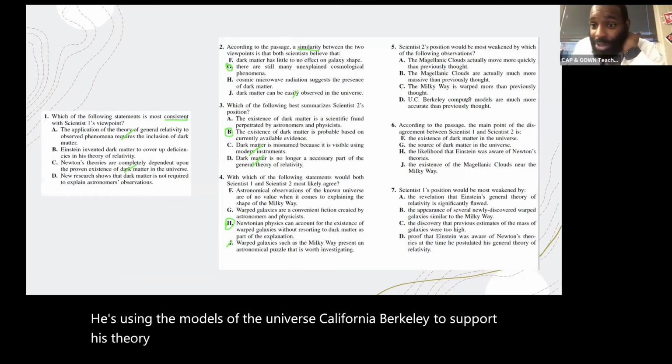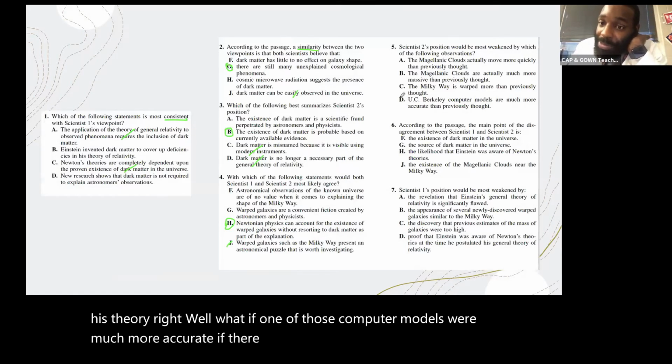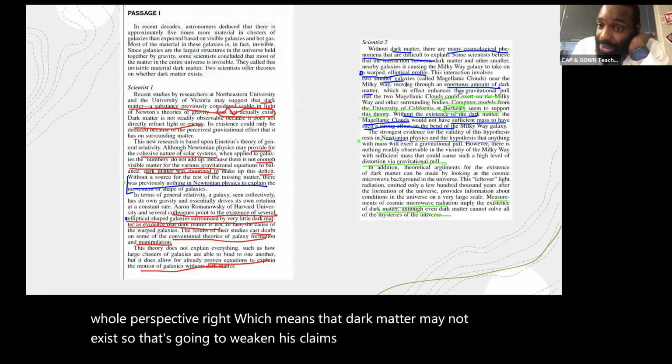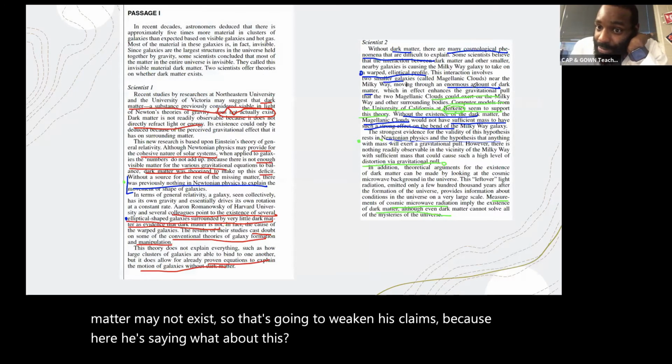Yes. What if those computer models were much more accurate? If they're more accurate, that changes the whole perspective, right? Which means that dark matter may not exist. So that's going to weaken his claims, because here he's saying, what about this? And if you go back up to the top, what is it saying?